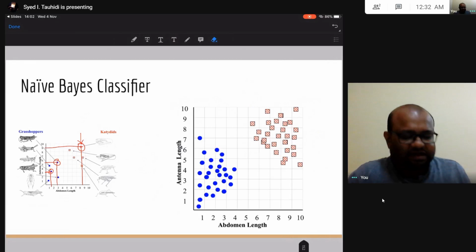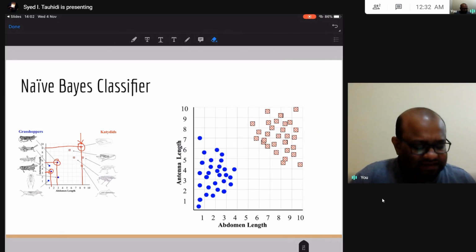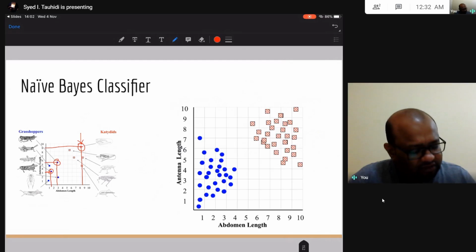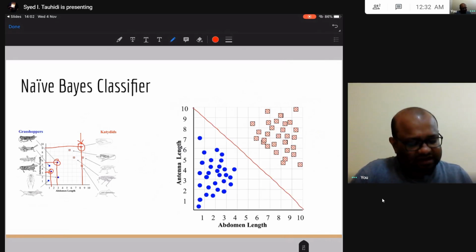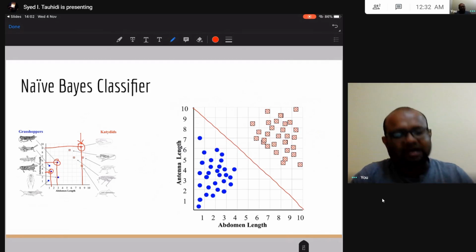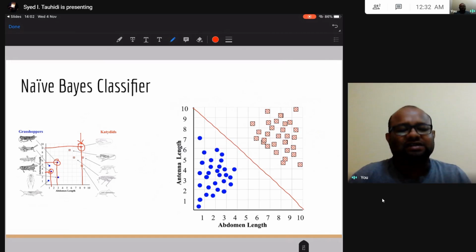Had this been my data set, instead of using all this probability, there is something else that I could have done. I could have simply drawn a line like this that separates these two classes very properly. Then I could have said that if my data point is above this line, the insect is a katydid.